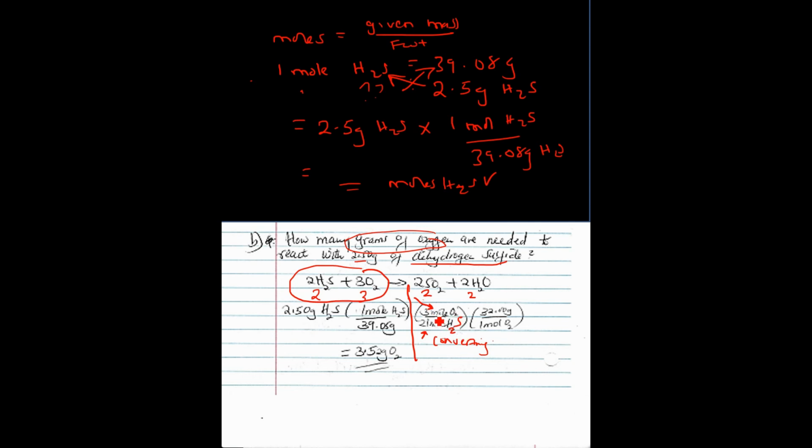It's written like this and not the other way around because you want this to cancel out with that, so you'll be left with moles of oxygen. Then multiply by the formula weight of oxygen, and you get the mass of oxygen needed to react with dihydrogen sulfide. So this is how you can set up your equation to get the moles of oxygen.